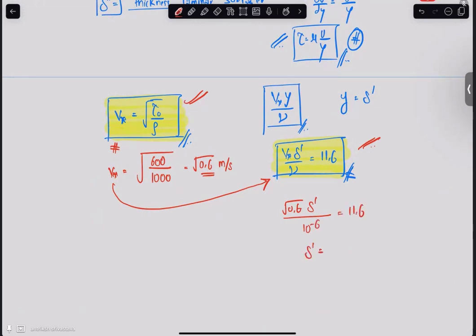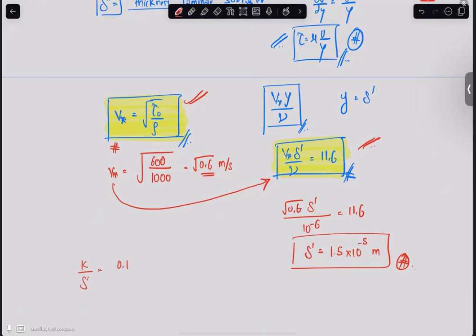So the delta dash value computed based on this is going to be 1.49. We can say 1.5 into 10 power minus 5 meters. This is the thickness of the laminar sublayer. Now when you know this, you can easily calculate the value of Ks by delta dash.